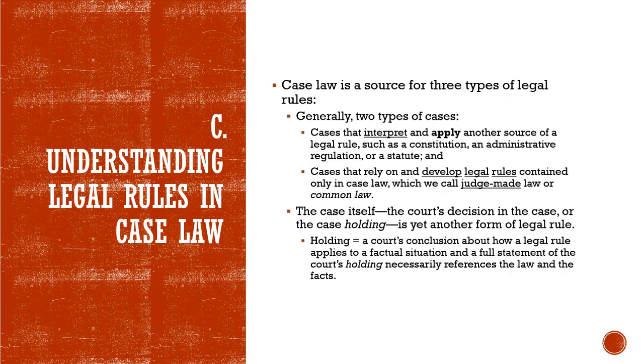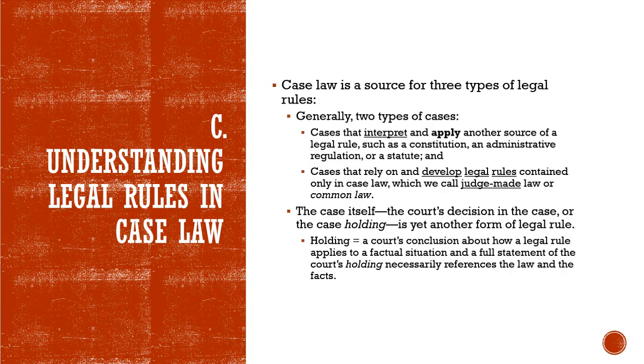These legal rules are made by judges in their common law cases. In a minute we'll use some examples of the types of law that you would find mostly to fall under the common law principles. So that's 2 types of cases: interpretation or development. We're interpreting a statute, etc., or we're developing a legal rule, and it's judge-made law or common law.